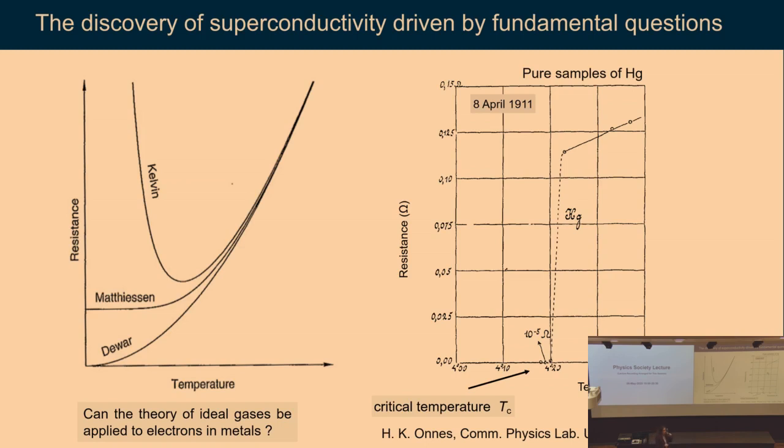He obviously had to check, verify that it wasn't an experimental error, some broken contacts, or other unwanted effects. And eventually he was convinced that that's the real thing. So none of these predictions were true, and a new state of matter was discovered, and superconductivity was realized.